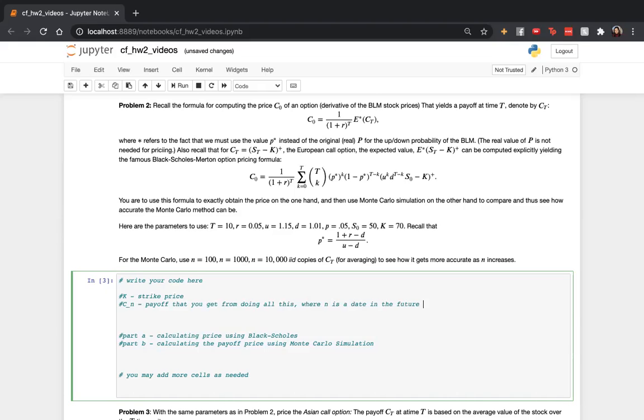For example, n of 1 is going to be 1 day after I buy it, and n at 0 is going to be the payoff I would get at the very beginning, which would be 0. There's no difference if I just sell it off on the same date.